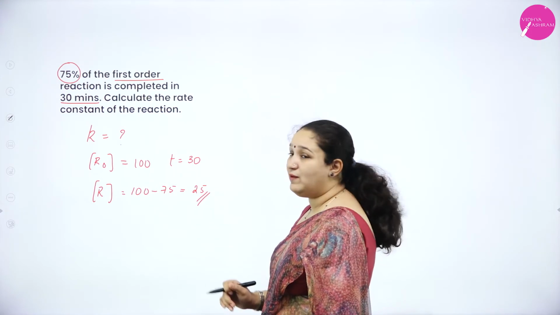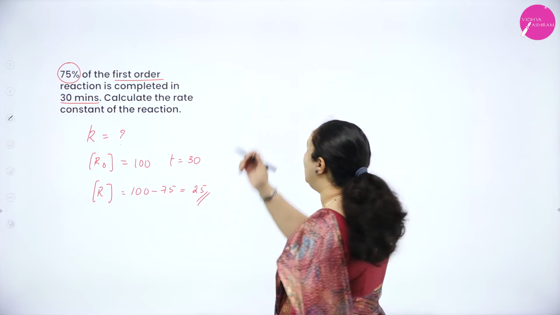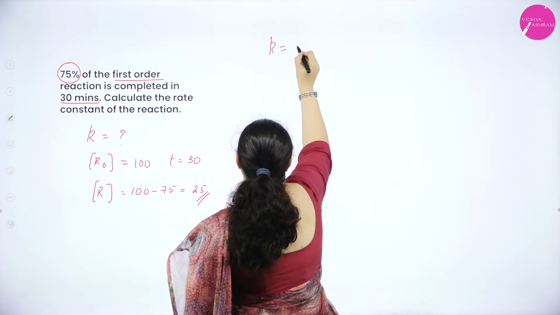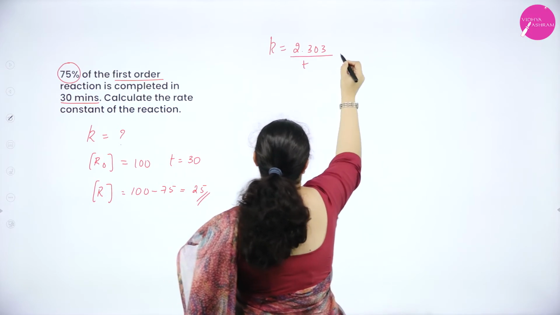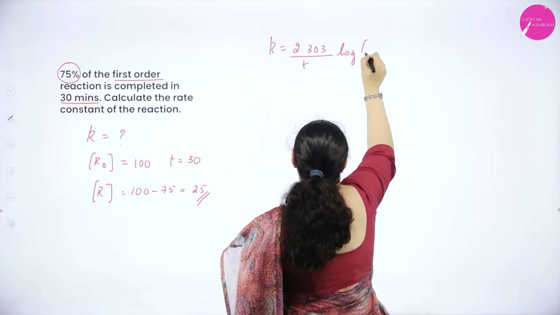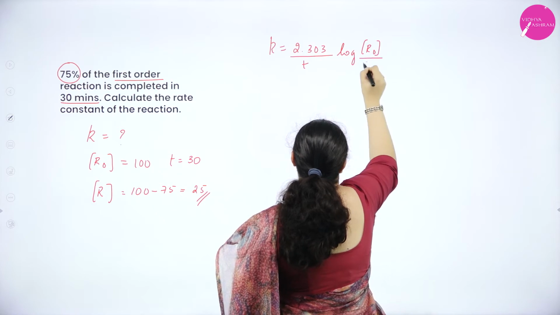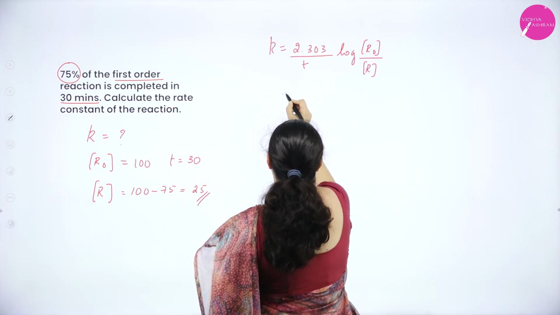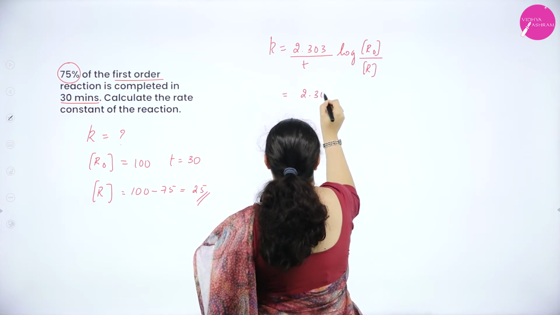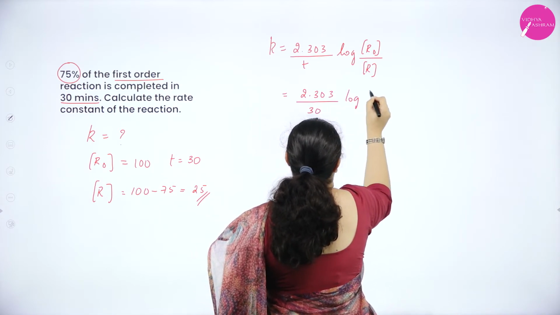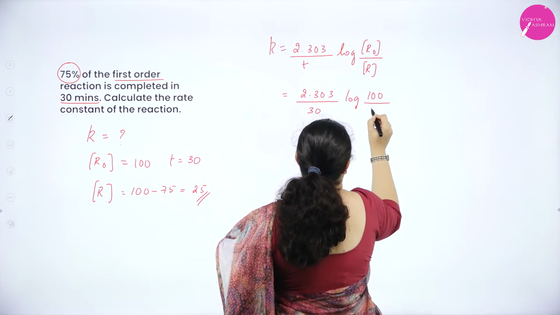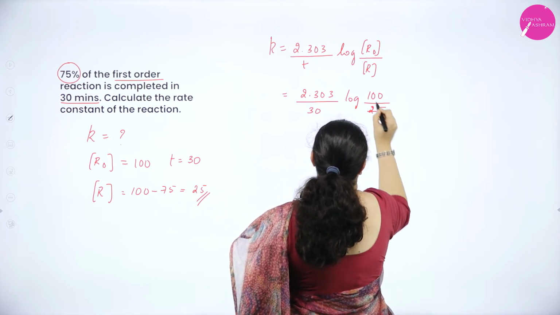Okay, now we will substitute in the formula, that is K is equal to 2.303 by T log of R naught by R. So it is 2.303, time is 30, log of 100 by 25.